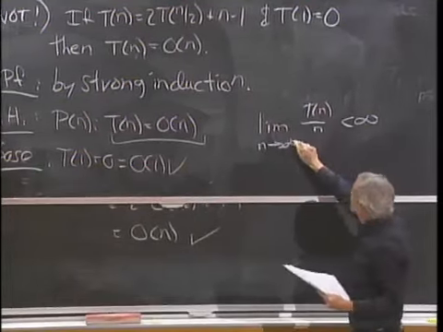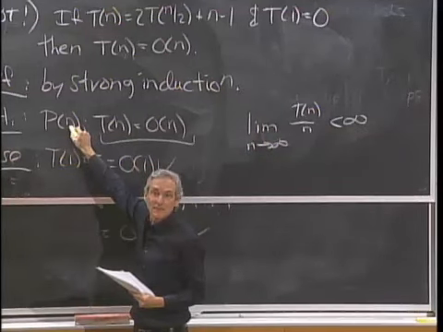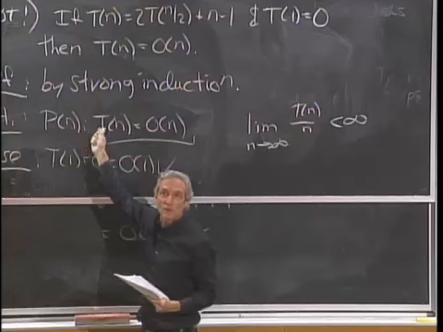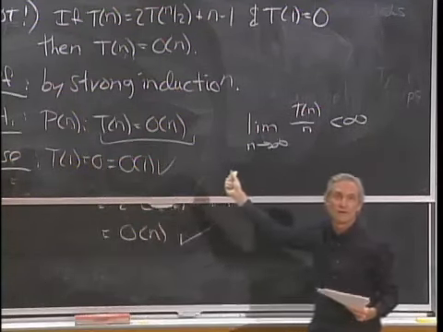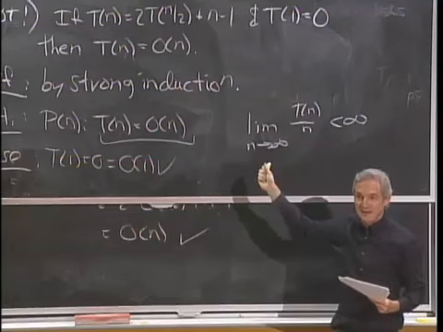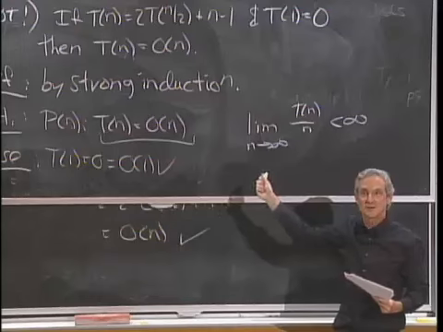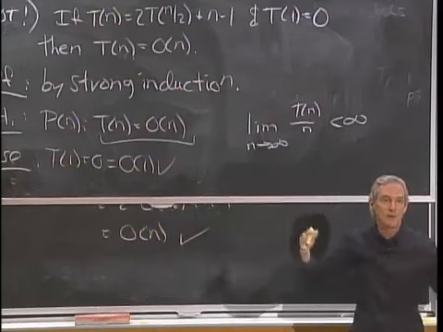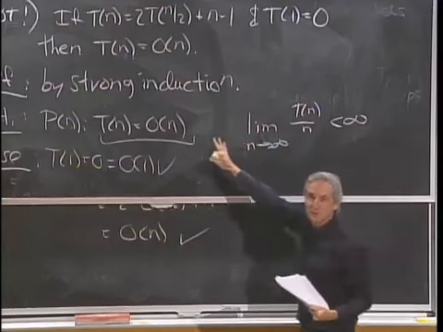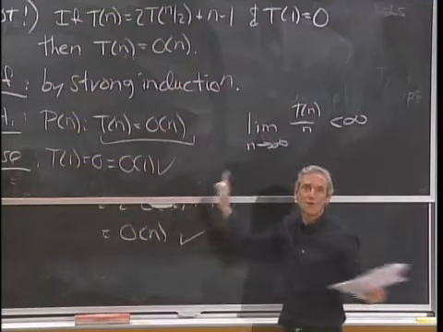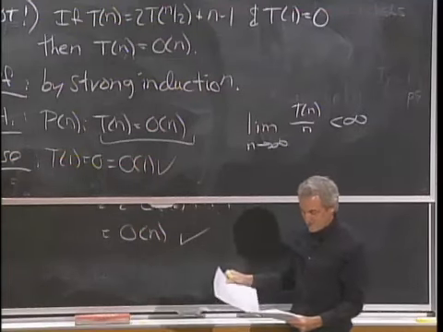But this makes no sense if I've specified n in a predicate. So what's the rule? Same rule as last time, same bug. Never do asymptotic notation in the induction hypothesis. Never mix big O and a predicate. Never, ever. It looks so nice to do, but it is so wrong. It just makes nonsense. All right, very good.